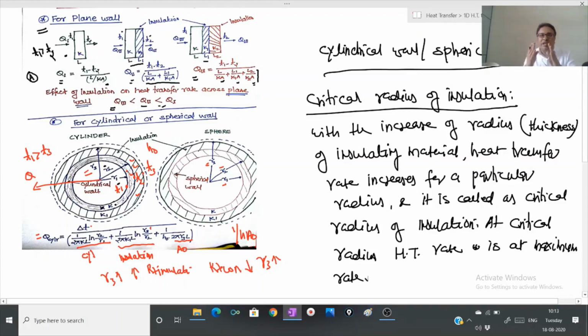Below the critical radius of insulation, heat transfer rate will increase, and above the critical radius of insulation, heat transfer rate will decrease. So for cylindrical and spherical surfaces, the effect of increasing the radius of insulation is not straightforward, as in the case of a plane wall.